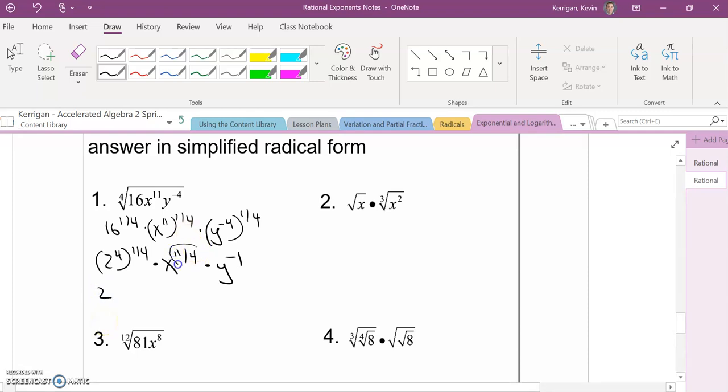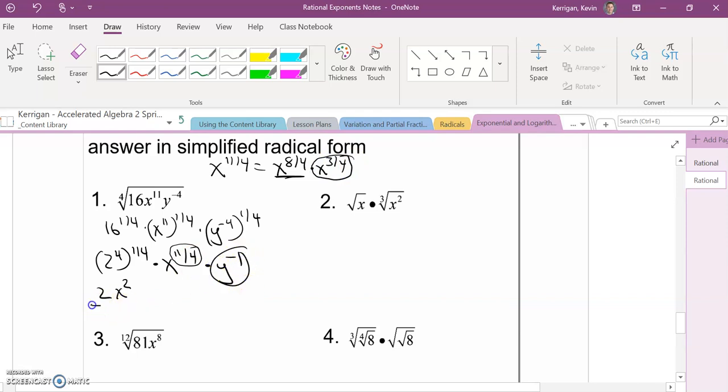Now this is improper, 11/4. So notice that I have 2 full x's in here that I can take out. So I'll have x squared. I think of it like I'm going to write up here, x to the 11/4. That's x to the 8/4 times x to the 3/4. So I can take 2 full x's out of here that I have here next to this 2. But then I'm left with x to the 3/4.